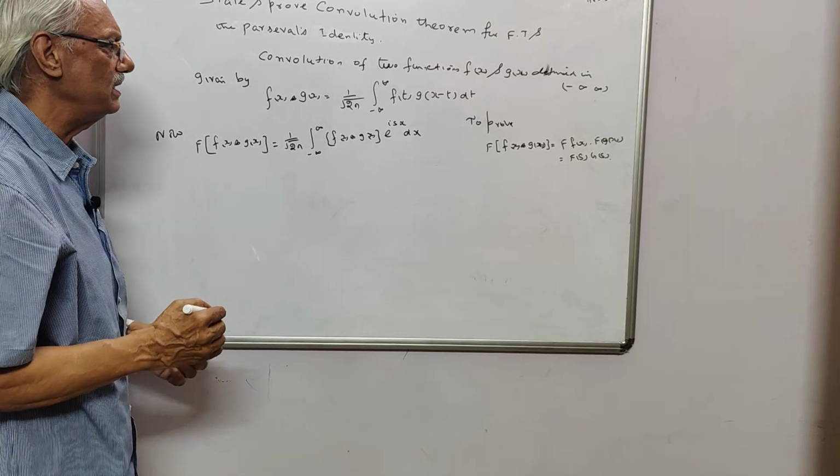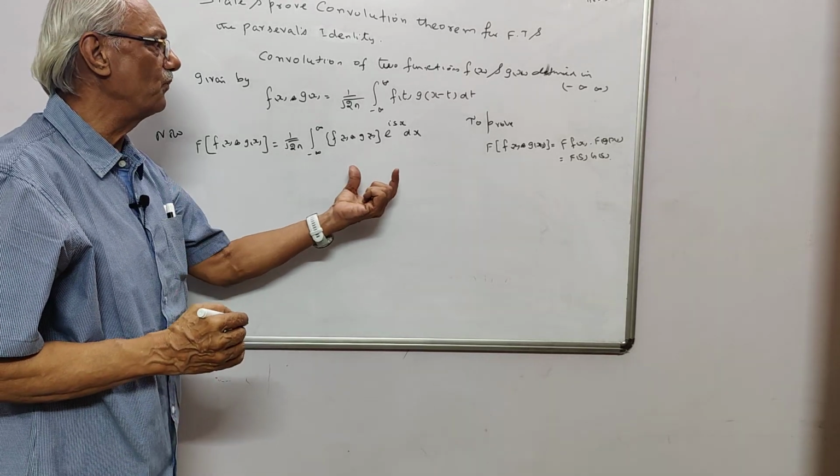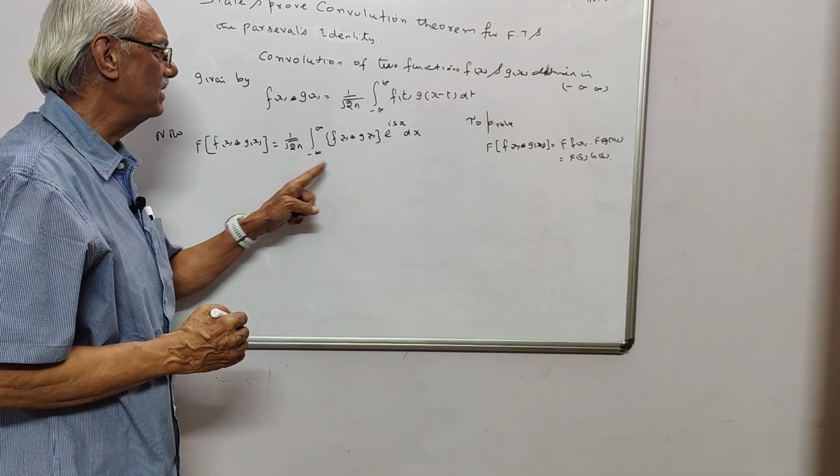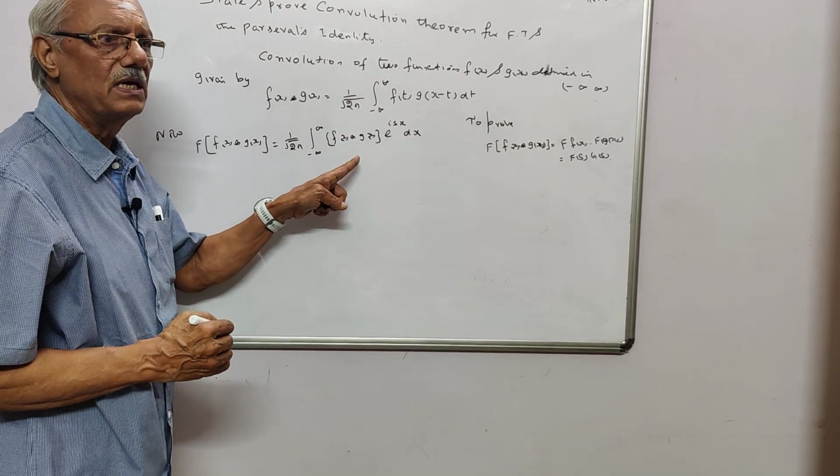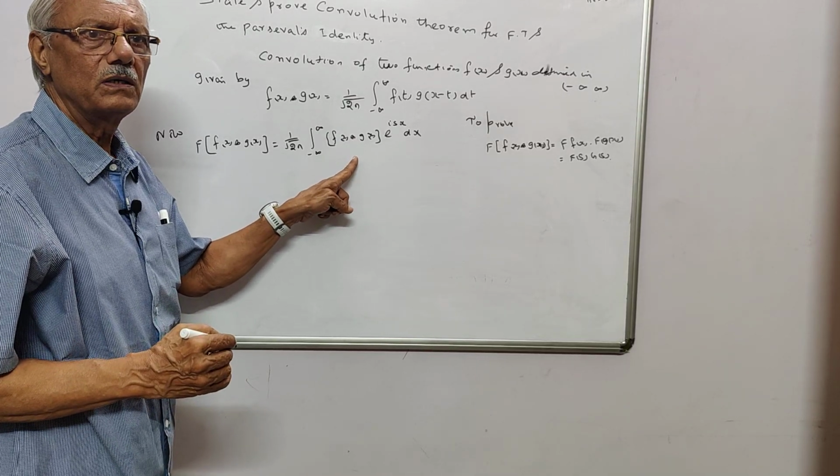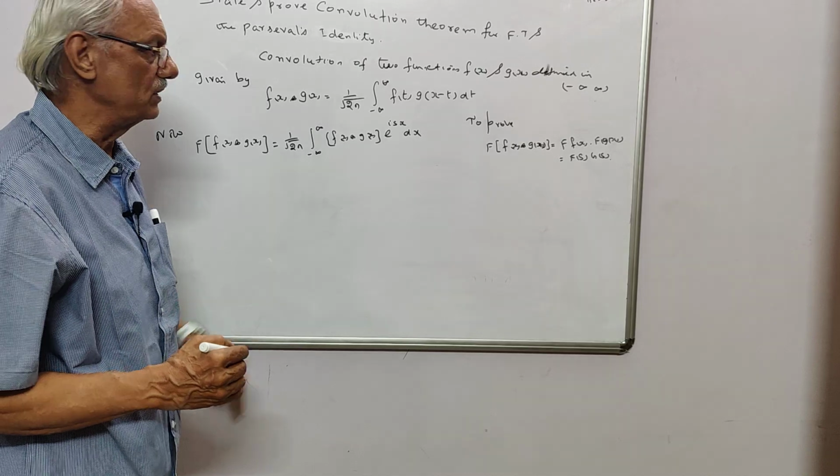I am just writing the definition of a Fourier transform. This is nothing but the Fourier transform of this function, where the function happens to be the convolution of the two functions.